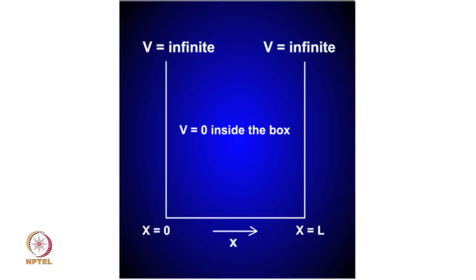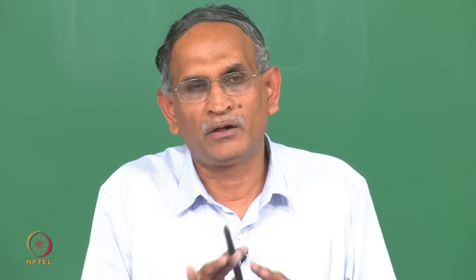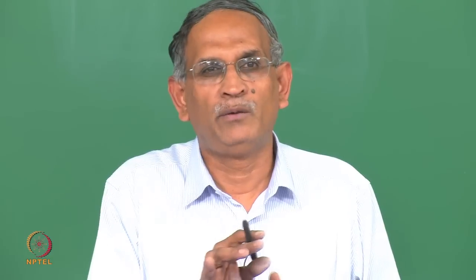I have a small drawing here that tells you that we have a particle in a finite region. The potentials are infinite at 2 points, namely x equal to 0 and x equal to L, meaning that the particle is confined to a box of length L, and the particle coordinate is only one variable, namely x.